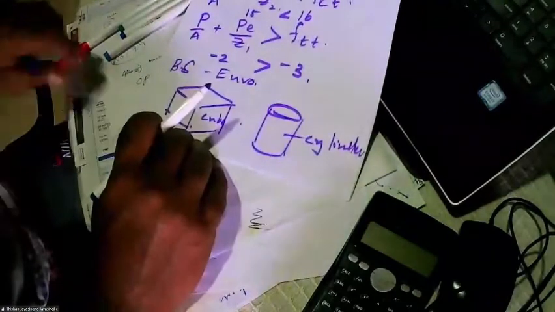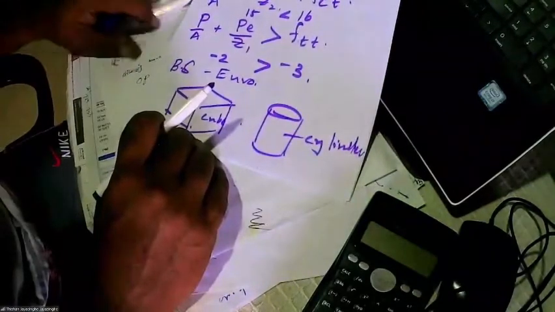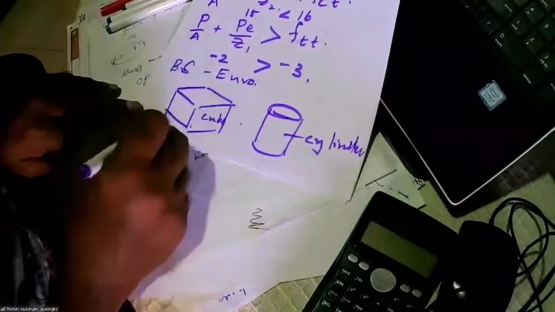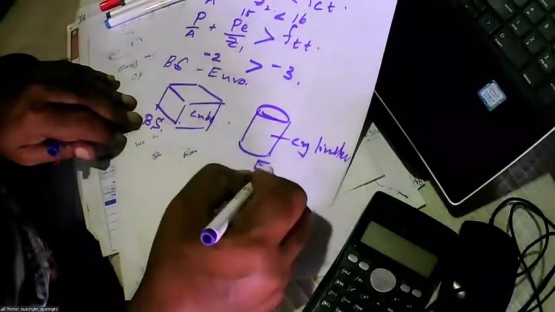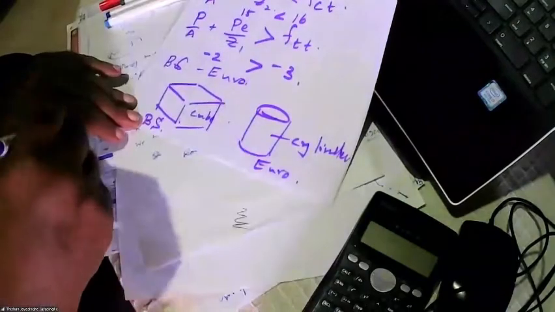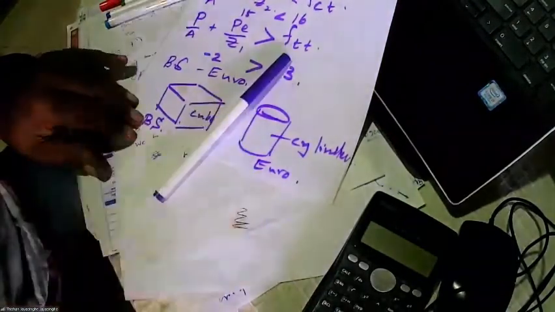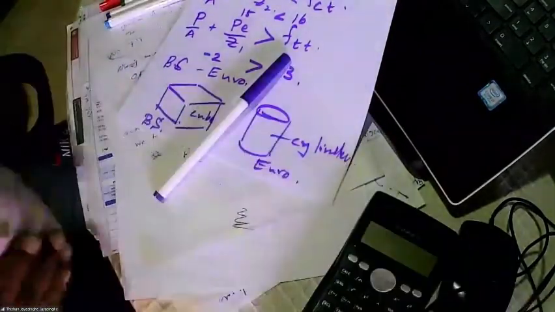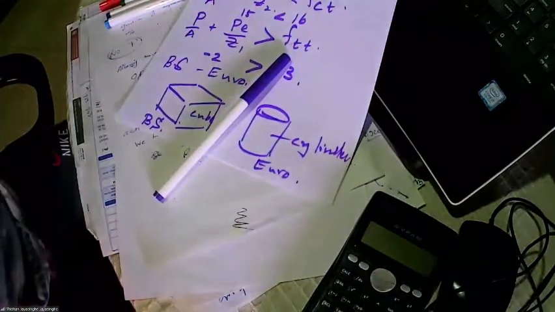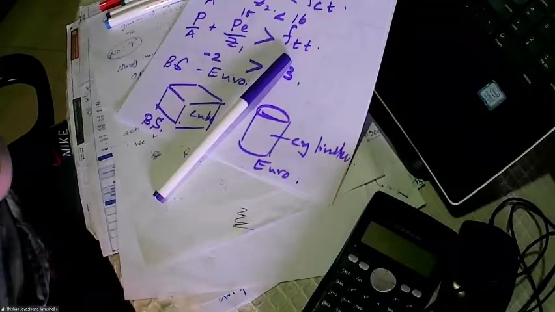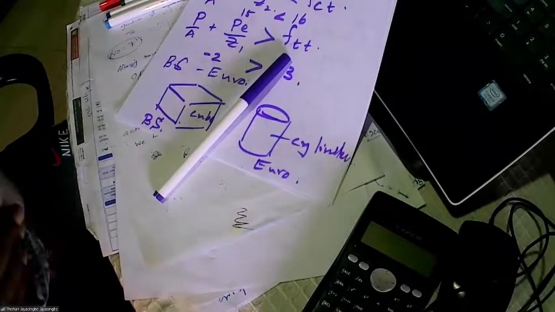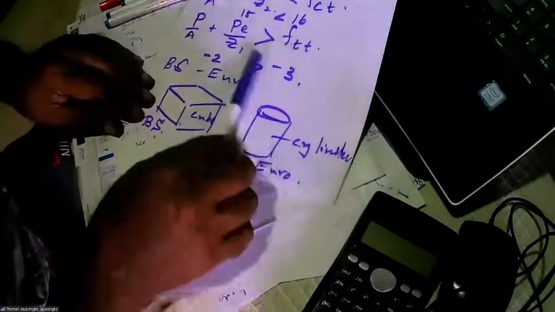If you are using British code, you have to use cube strength. Are you aware of that? Yes. We learned it for concrete, so we should know it.